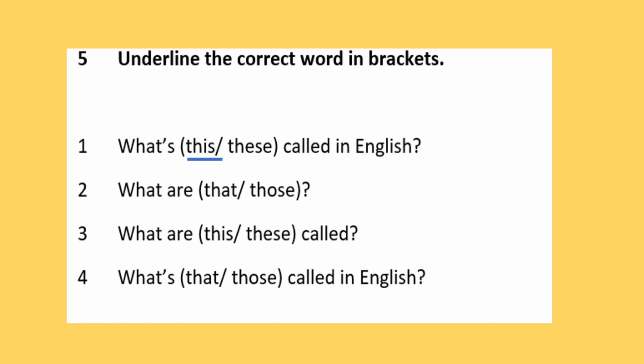Number 2, what are? We use are for the plural, so the answer should be those. Very good. Number 3, what? Here again we have are. We can't use this, and we must use here these or those, but here we have only these to choose from.